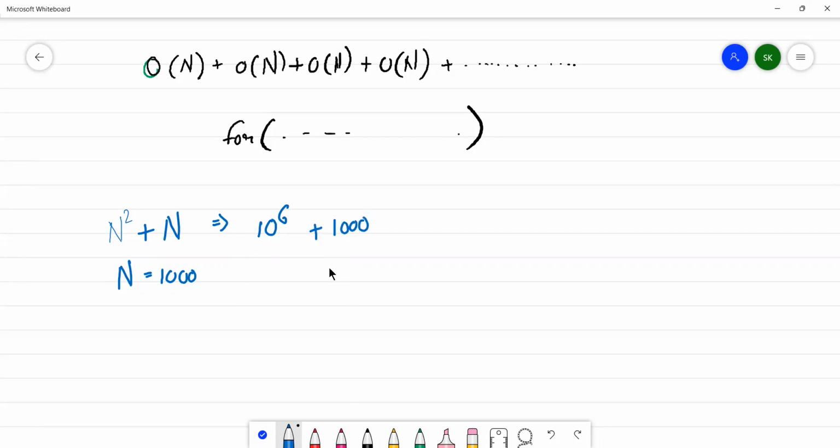Getting this? So here we will find out what percentage of n is going to contribute to n square.